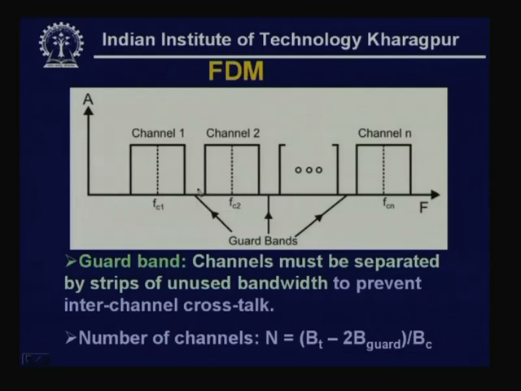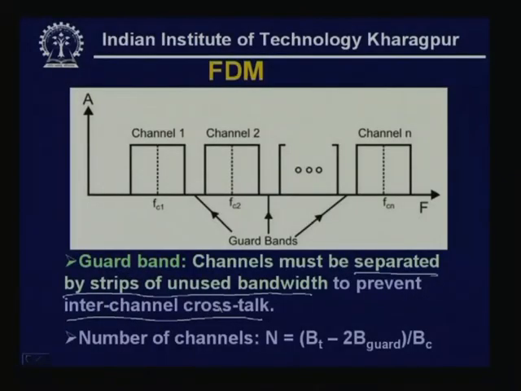You have to use some guard band between the two, so that they are separated by strips of unused bandwidth to prevent inter-channel crosstalk. As you know, whenever you perform frequency modulation, the bandwidth increases, and you have to overcome the crosstalk.